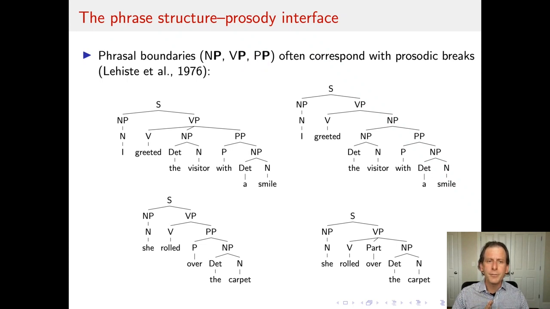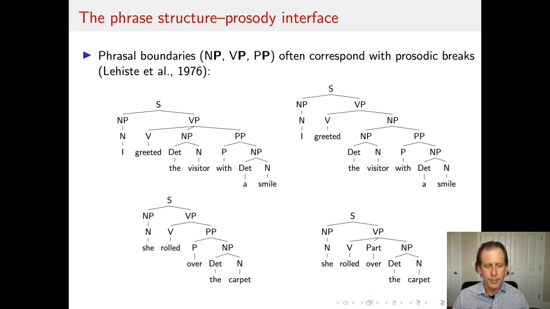And that means that I can often disambiguate between two different interpretations by changing my prosody. So, for example, you can ask which one of these two examples am I saying? I greeted the visitor with a smile versus I greeted the visitor with a smile.